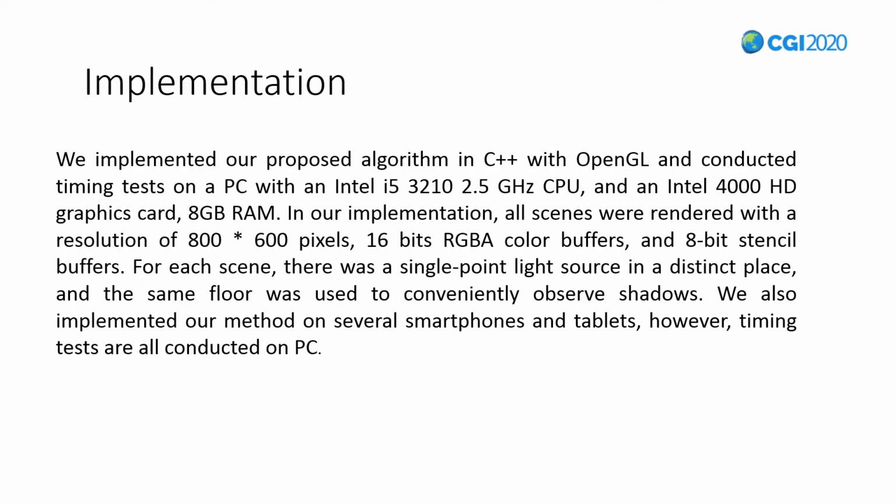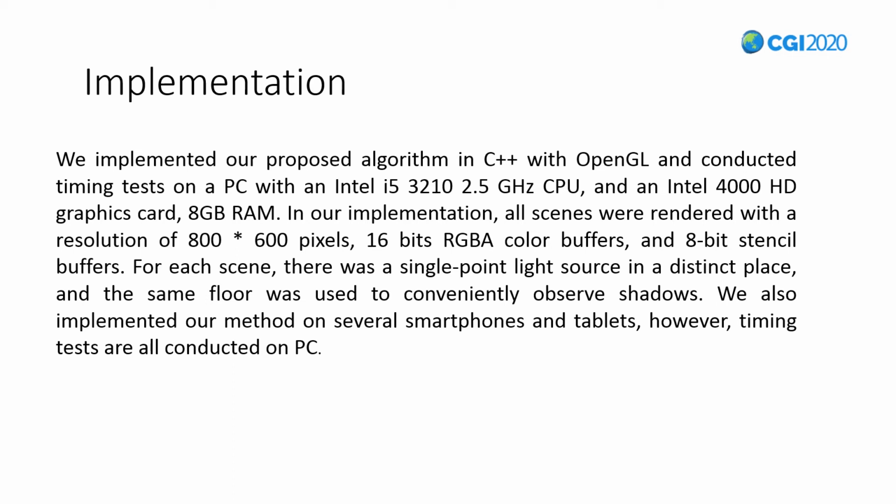We implemented our proposed algorithm in C++ with OpenGL and conducted timing tests on a PC with an Intel i5 3210 2.5 GHz CPU, an Intel HD 4000 graphics card, and 8GB RAM.